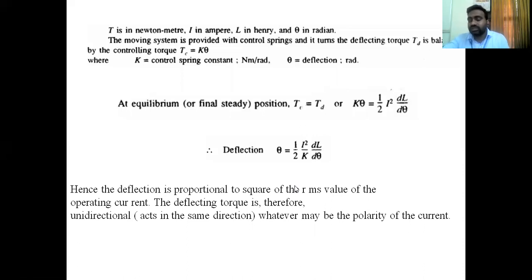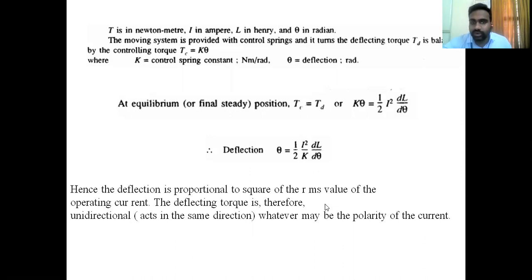It is proportional to current square because of the unidirectional behavior of the scale. Even though the current changes polarity, the deflection stays in the same direction. That's why theta is proportional to current square.